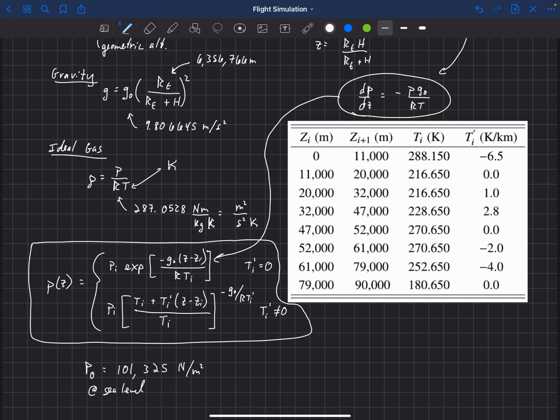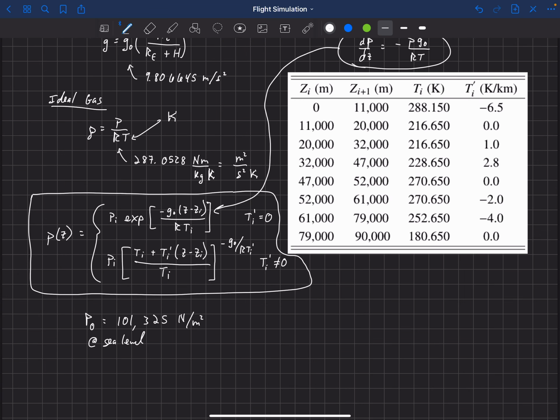I might as well write that down real quick here. So to compute the temperature at any altitude, geopotential altitude z, it's going to be equal to T_i, which is the temperature at the beginning of that region, plus T_i prime times z minus z_i.